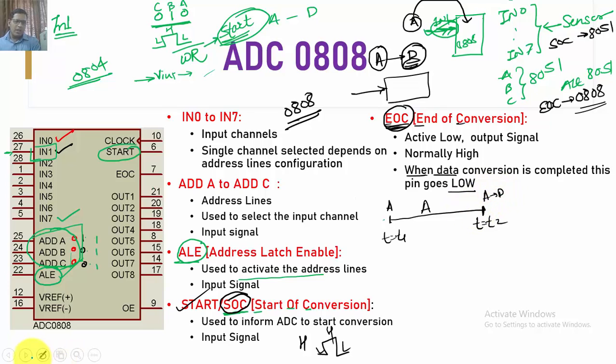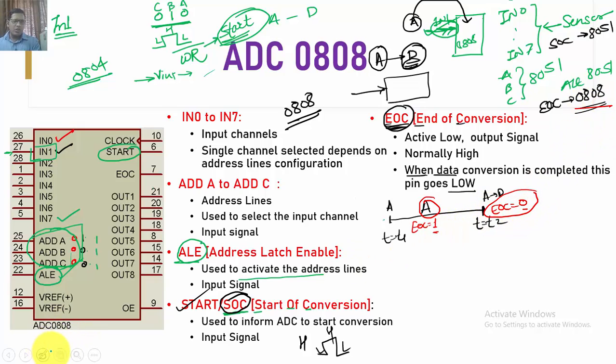So while the data conversion is still in process, the status of the EOC pin is 1, and the moment the analog data is completely converted into digital format, the end of conversion signal changes its status from 1 to 0. So what we have to do? Simple, we have to wait for this specific signal from the 0808.